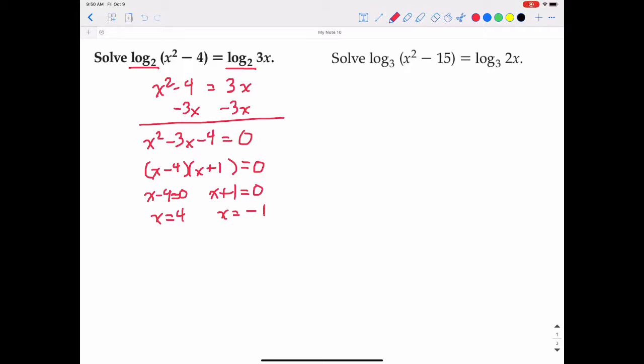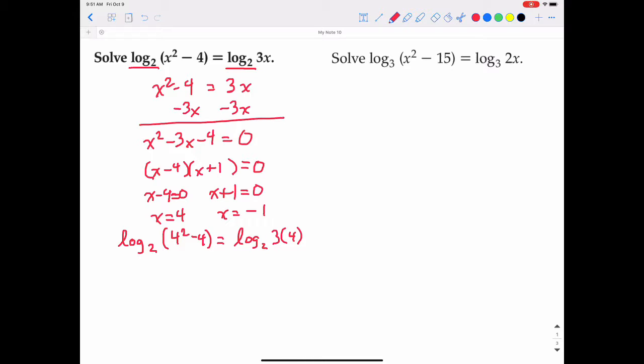So remember, what that literally means is that we should be able to plug in 4 for the x and plug in -1 for the x, and we should get true sentences. So just to check, does the log base 2 of 4 squared minus 4 equal log base 2 of 3 times 4?